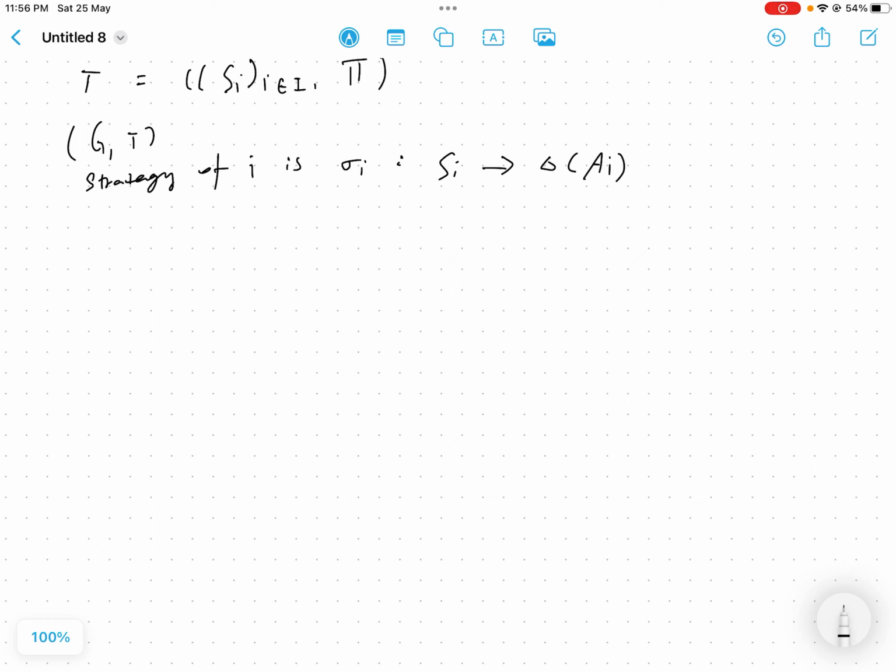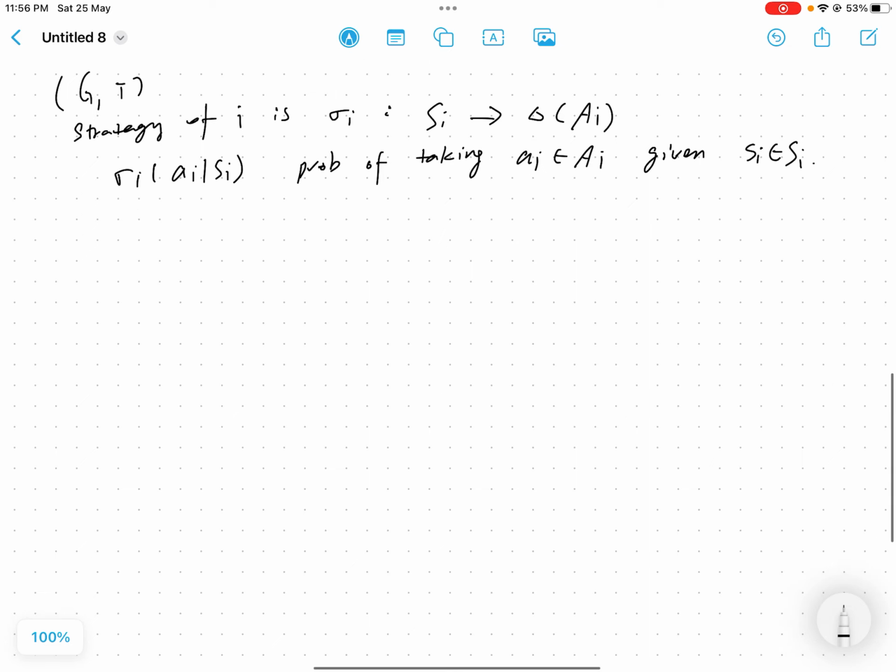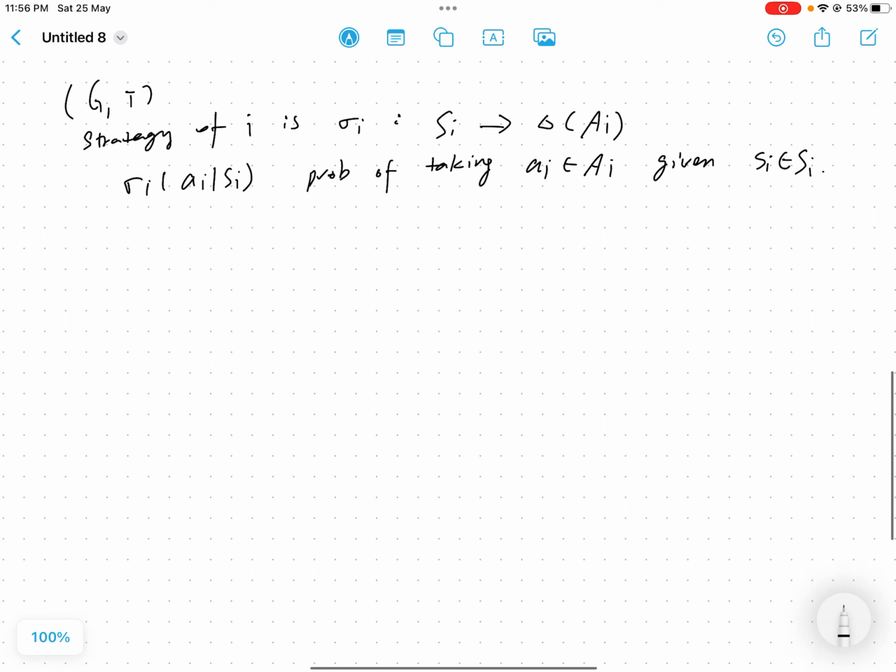This means that sigma_i(a_i given s_i) is just the probability of taking a_i after receiving s_i. That's pretty straightforward. A strategy profile includes all the strategies.